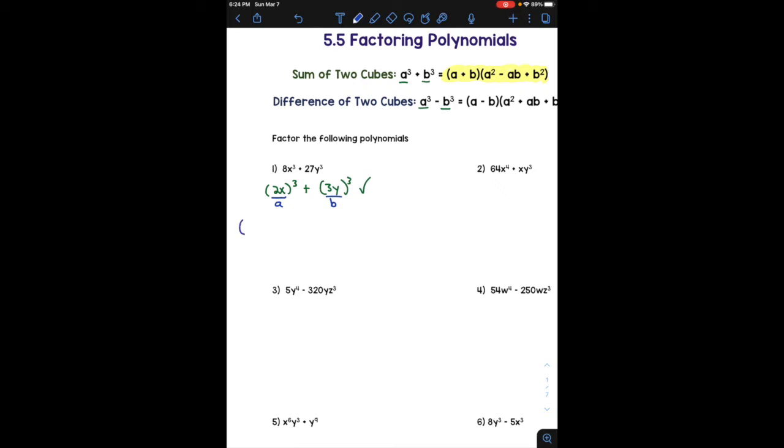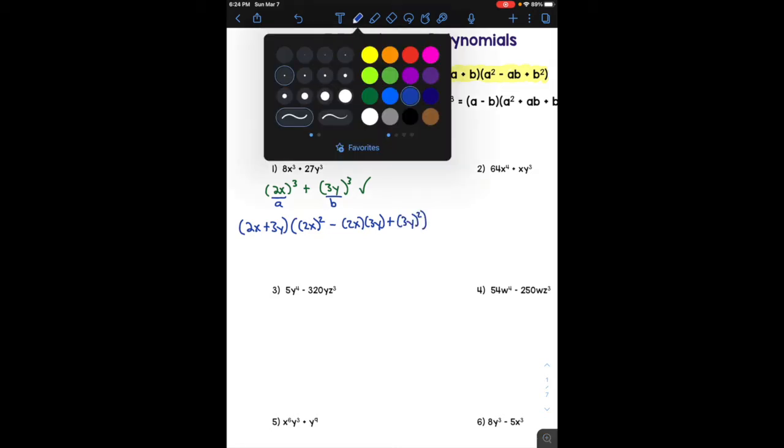So the sum of two cubes starts off with A plus B, in this case 2x plus 3y, times A squared, which is (2x) squared. Notice I'm putting the term that I'm substituting in for A in parentheses, and I will do the same for B as well, minus A times B, 2x times 3y, plus B squared, or (3y) squared.